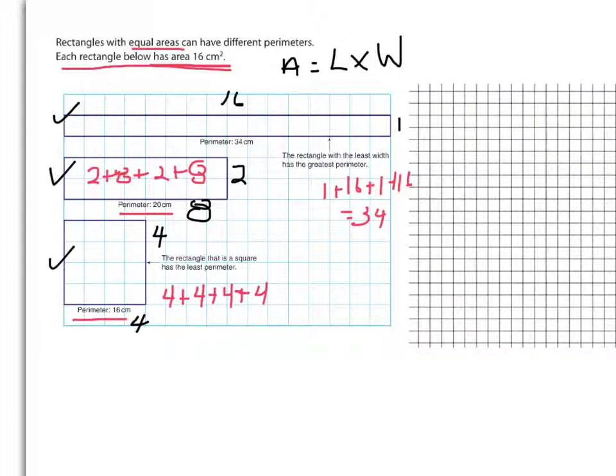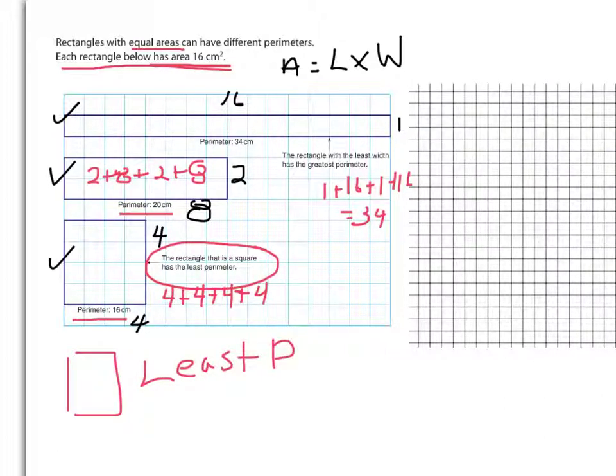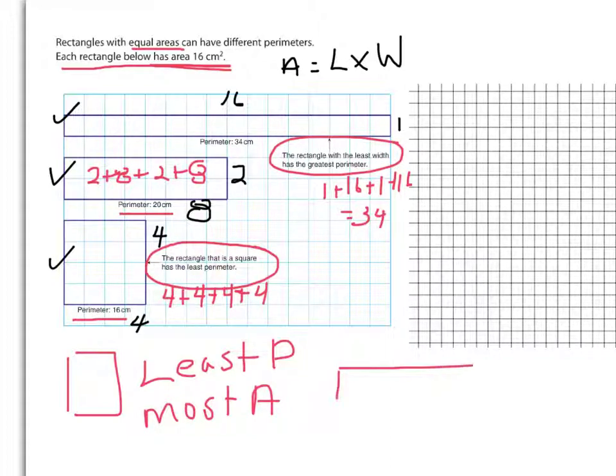centimeters. Now here we can make other generalizations. You have to be careful not to mix them up. But here we're saying that the rectangle that is the most square has the least perimeter. Now remember, on the last page we also said it had the most area. The rectangle with the least width, or the one that is long and skinny, is going to have the greatest perimeter.